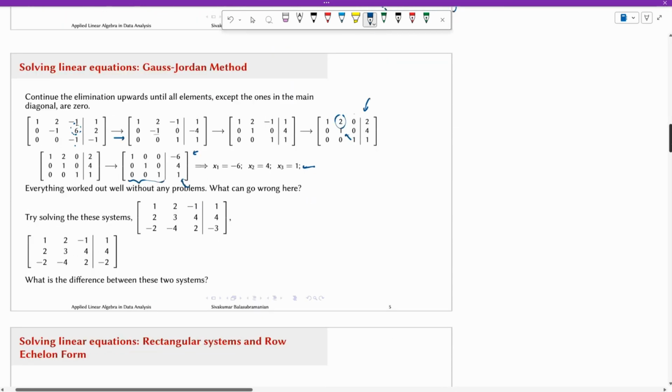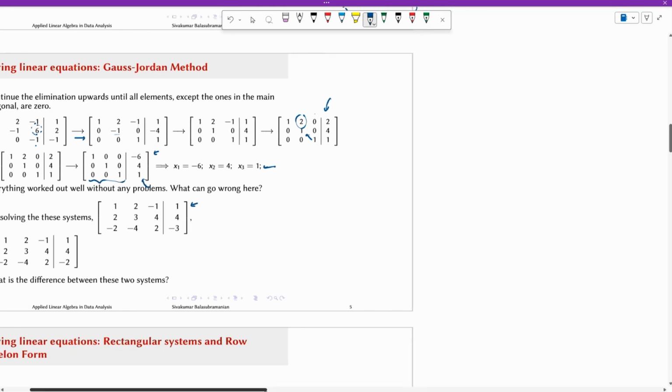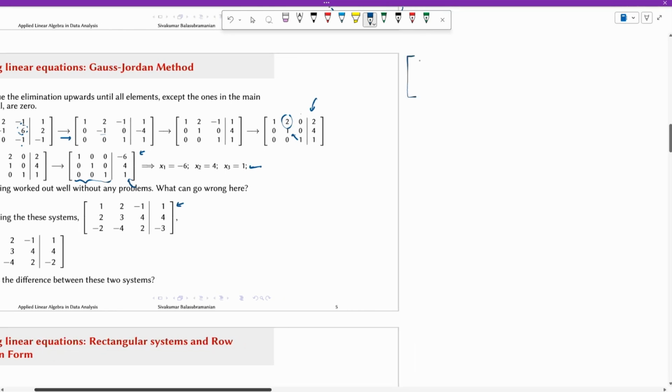Okay. Let's now quickly do this. Let's try and solve this using just Gaussian elimination. You tell me once you do the steps, what do you get? Maybe I will do it parallelly. So you take 1, 2, -1, 1, 2, 3, 4, 4, -2, -4, 2, -3.